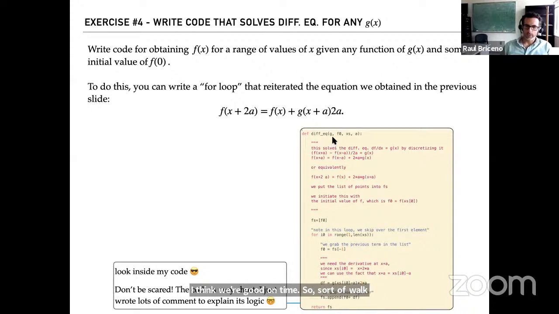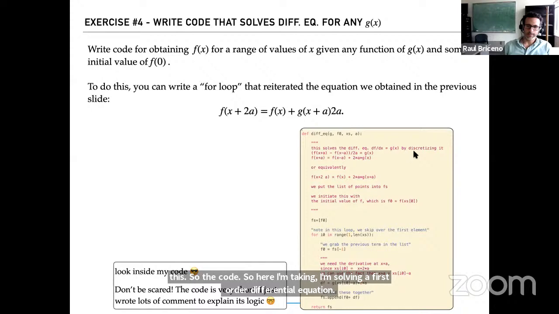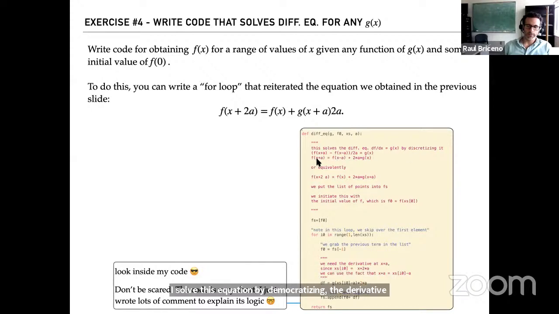So the code, here I'm solving a first order differential equation. I solve this equation by discretizing the derivative, solving for the next step algebraically, as I just did with you, which I can equivalently write in this form.